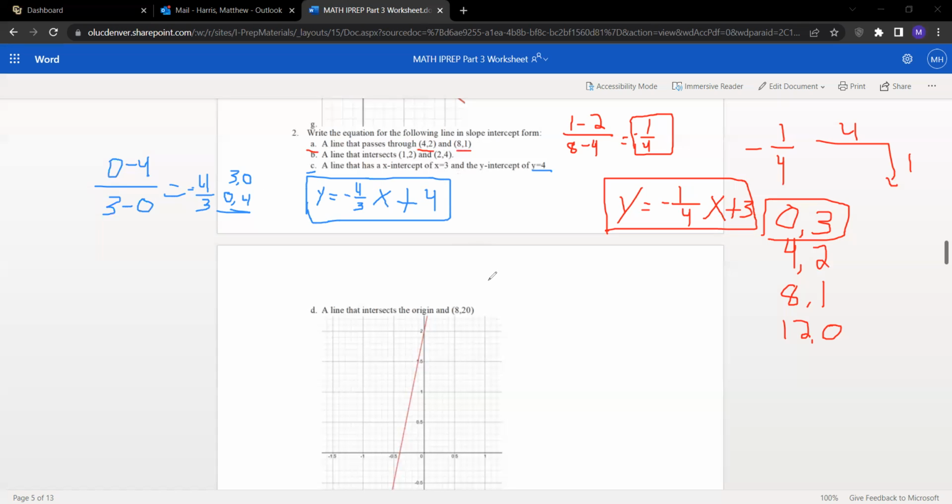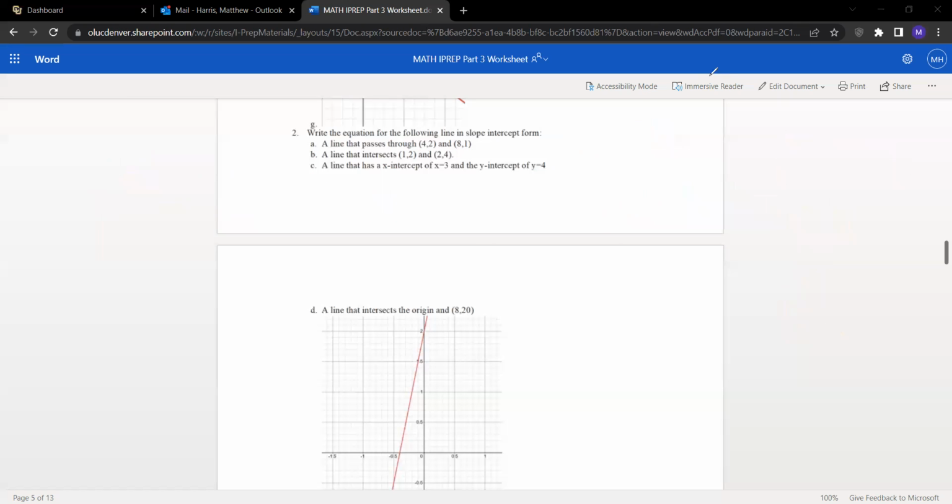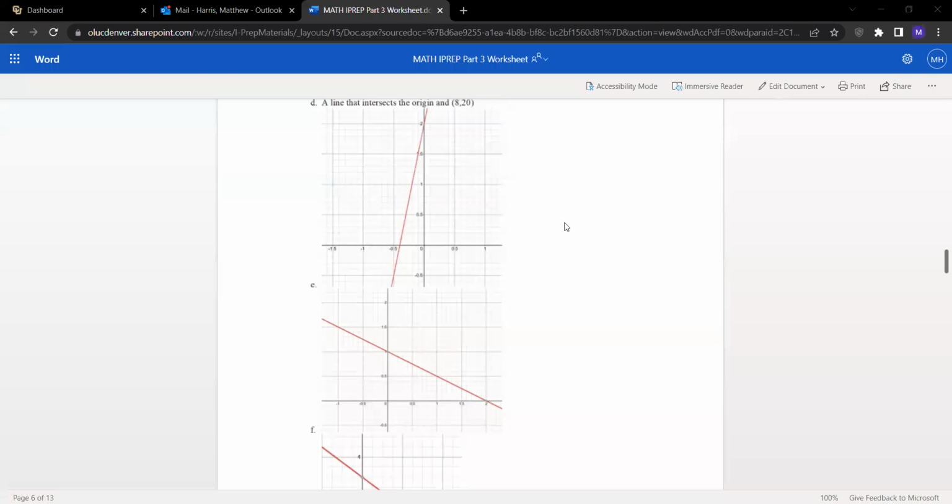So now let's go ahead and find some different ones. So we'll do D and we'll also do E. So first, what is our slope? So this is the origin and (8, 20).